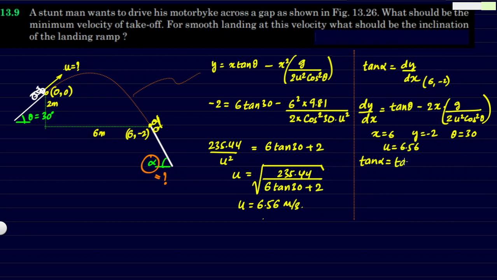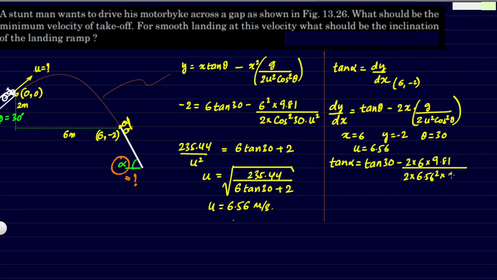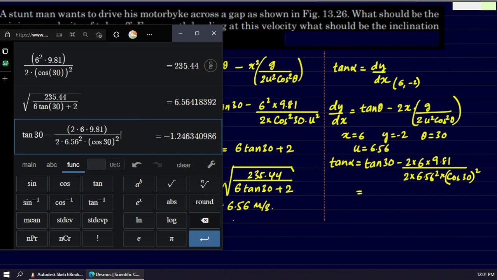So we are going to get tan of 30 minus 2 times x value 6, and into 9.81, whole divided by 2 times u, 6.56 square, into cos 30 square of this. Let's find this value. You can see over here I have done the calculation.